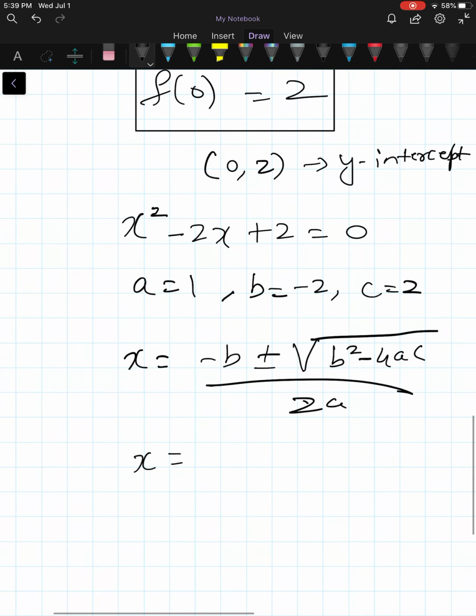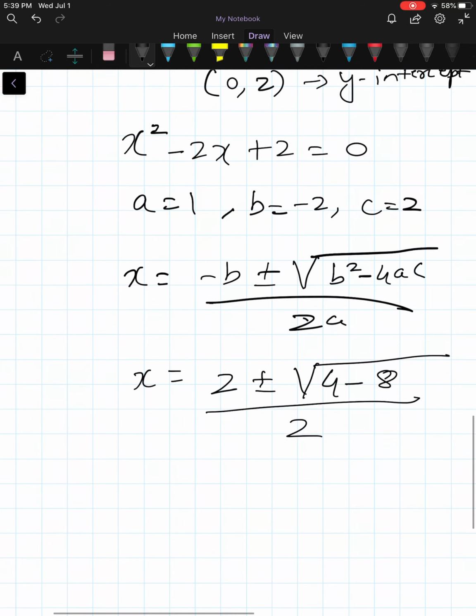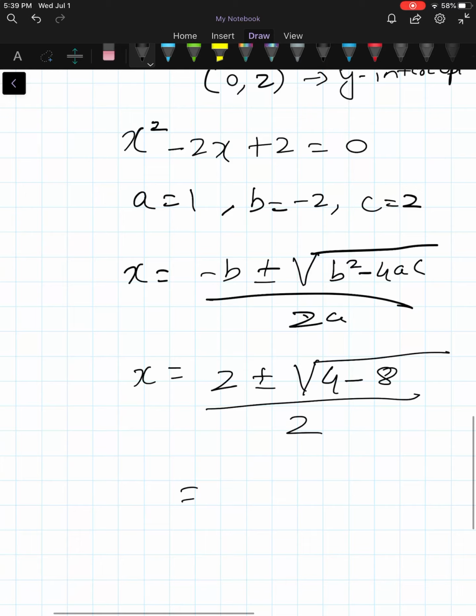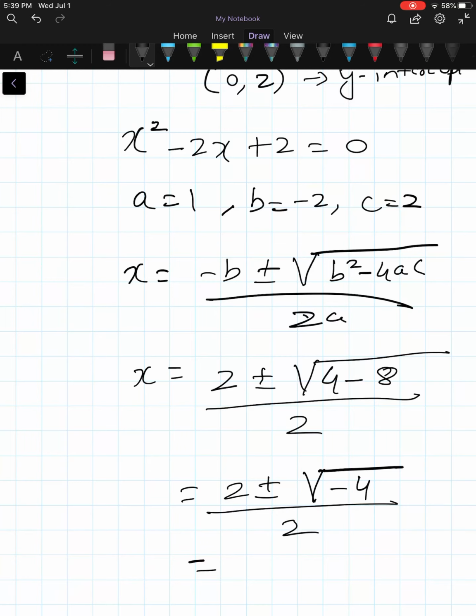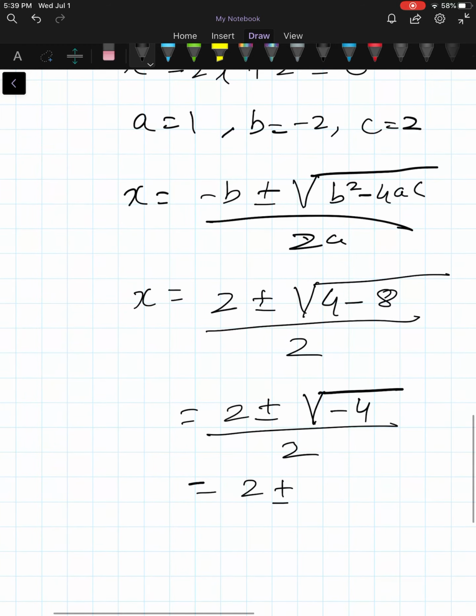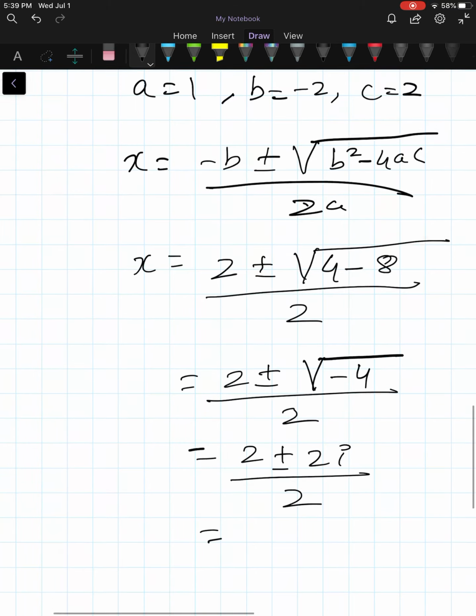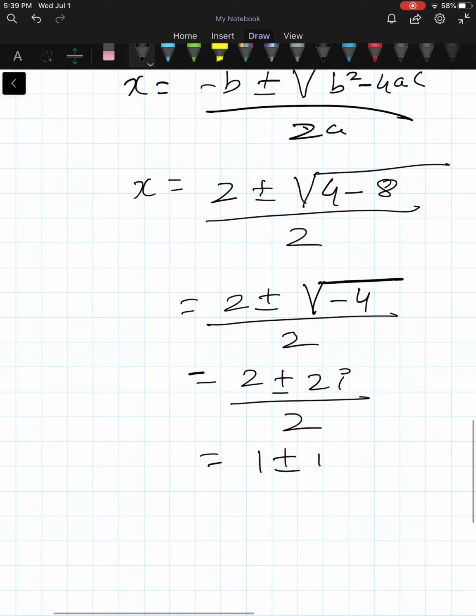So x is equal to minus of minus 2, which is 2, plus or minus square root of 4 minus 4ac, which is 8, divided by 2. As you can see, you get complex roots. So 2 plus or minus square root of negative 4 divided by 2, that is 2 plus or minus 2i divided by 2. So this is 1 plus or minus i.